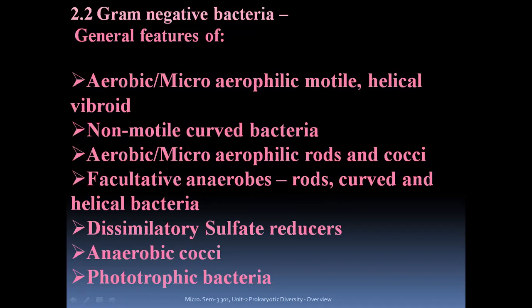These all are categories of various types of bacteria. Then dissimilatory sulfate reducers. What are those? We will be studying. Then anaerobic cocci and phototrophic bacteria, that means the bacteria which are capable of producing their own food. So these are the things which we will be covering in this particular unit.